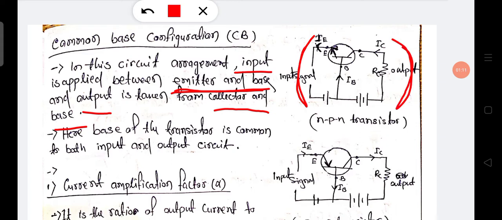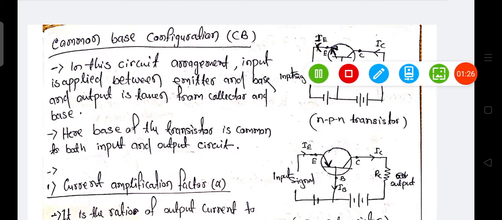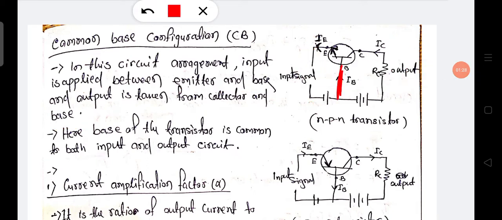So you see that here the base is common for input and output also, so the name is common base configuration.